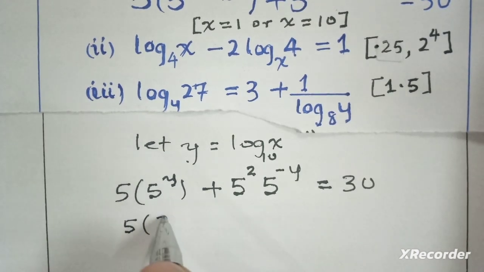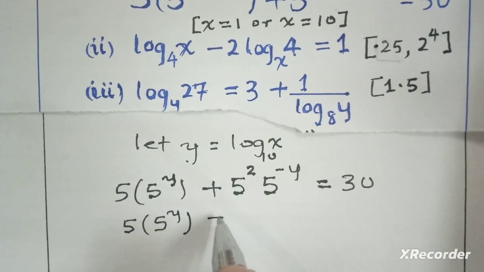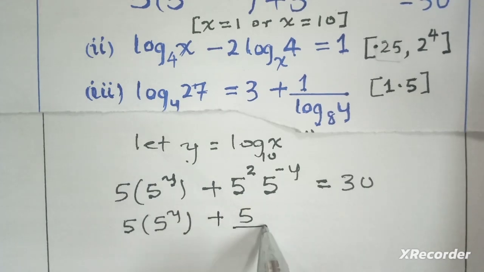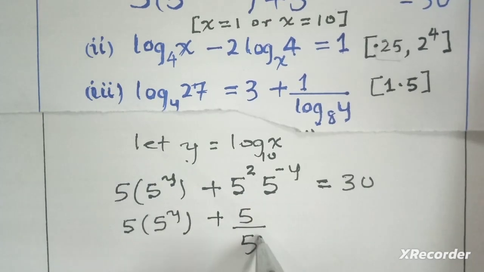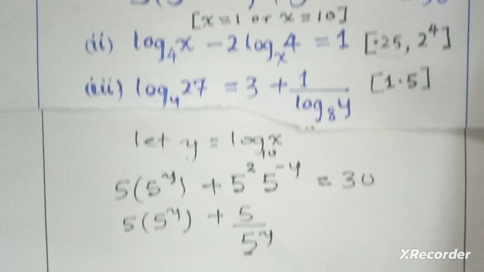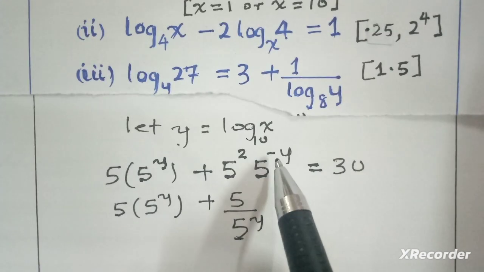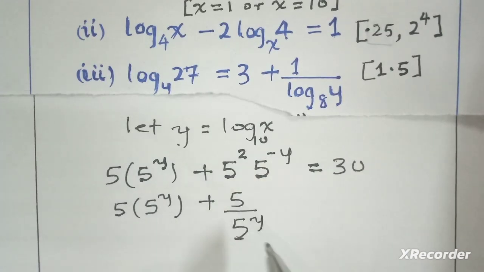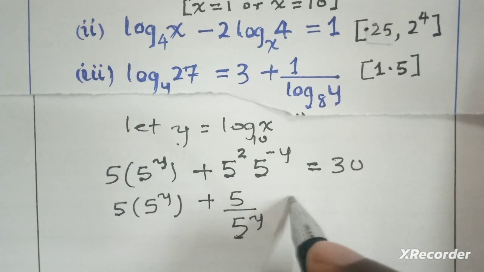I write 5 raised to y, squared plus 5, then this one I can change to 5 raised to minus y. That is according to the law of indices. You put the number that is there down, only that you have to change the sign of the power. This gives us 30.